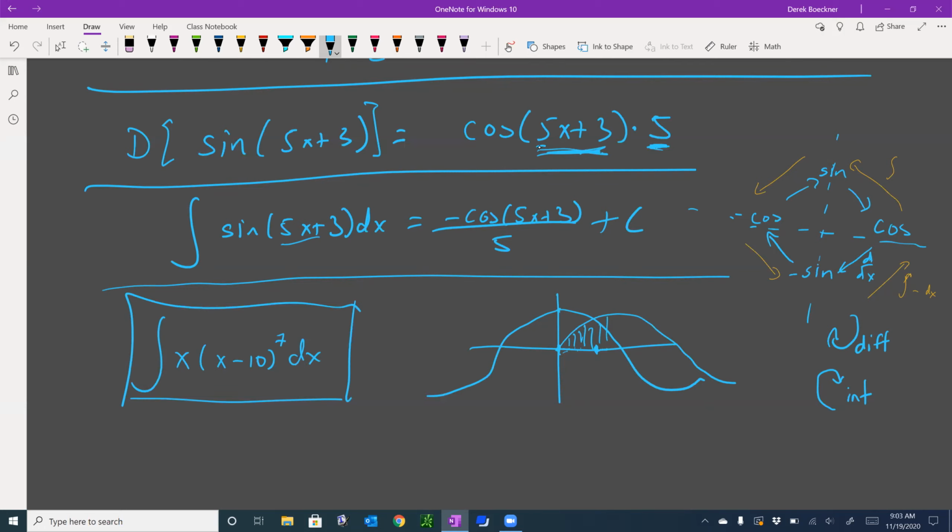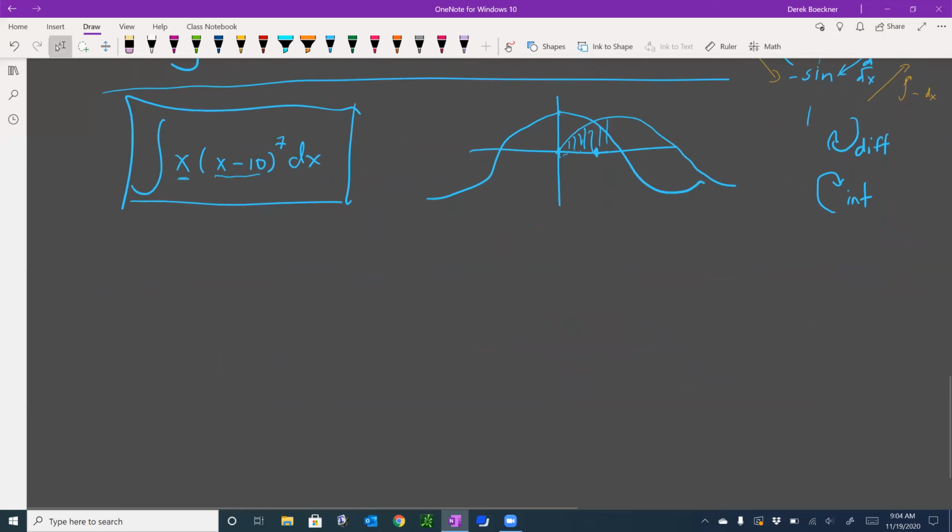Yeah, 5x plus 3. Yeah, that's definitely the inside function. We ended up with the linear bit. Here I was thinking the inside function should be like x minus 10. Okay. But the derivative of x minus 10 is just 1. So what am I going to do with that x? It doesn't look like maybe that should belong there, but let's work through this.